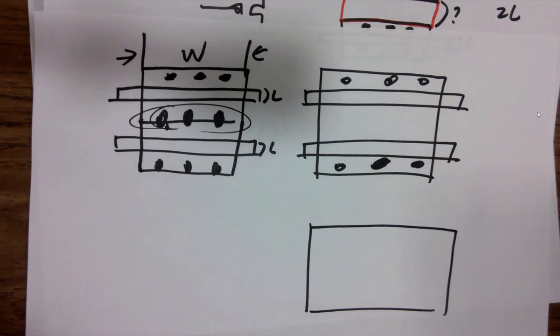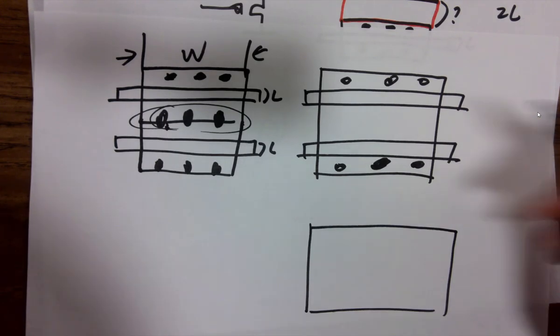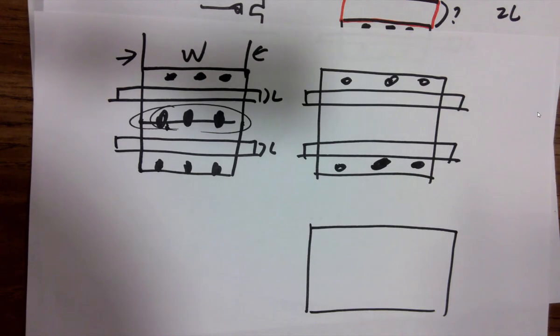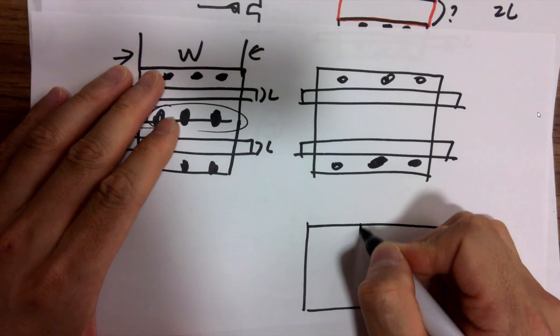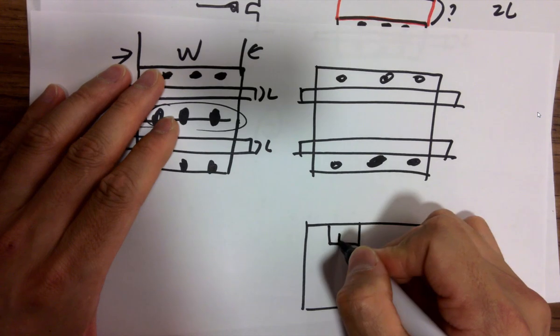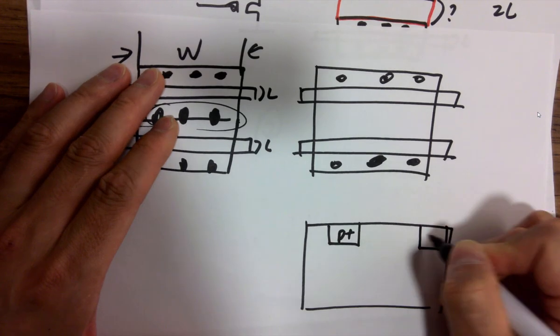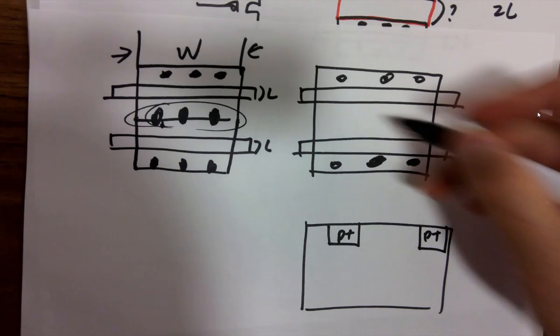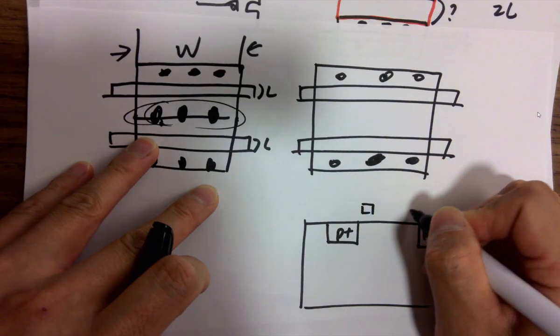Seems like the whole thing, the diffusion, you got a P plus, this is P plus, right? P plus and P plus, you got two poly here and one here.